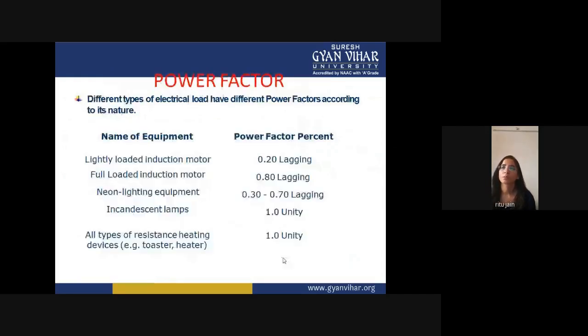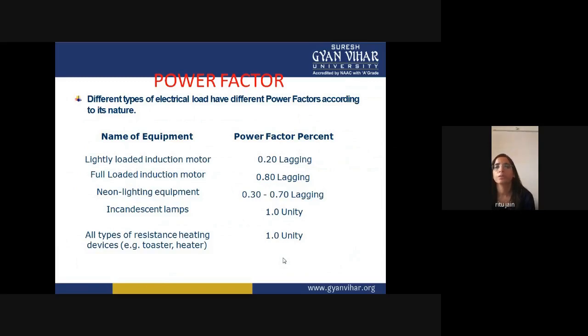Now, let's come to the next point, that different types of electrical loads have different power factors according to their nature. If your load is a lightly loaded induction motor, then it has a very low power factor, which is 0.20 lagging. If your motor is fully loaded, then it will have 0.80 lagging power factor.